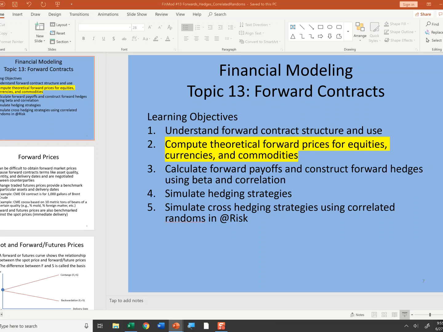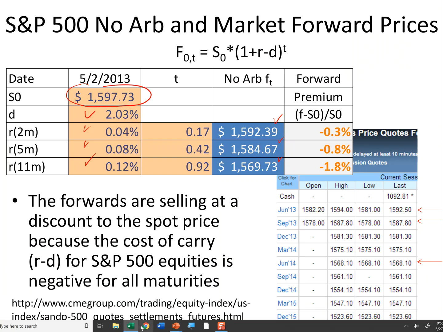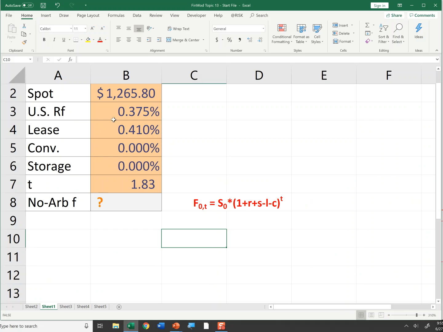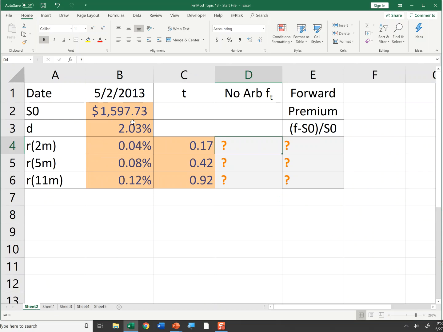And if we just go to the Excel file, I just have the calculations for that. We had the spot price, the dividend yield, and the interest rates for each maturity. I got the T, which is the fraction of a year: 2 months, 5 months, and 11 months.